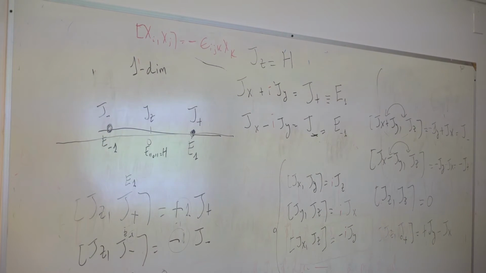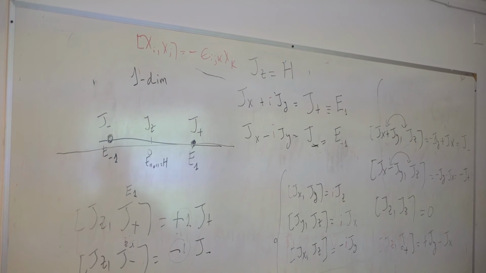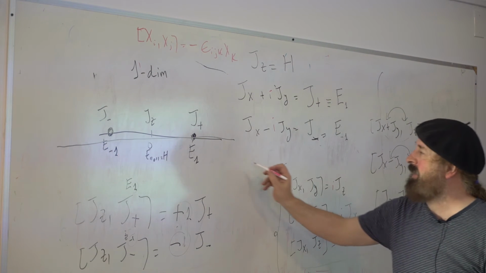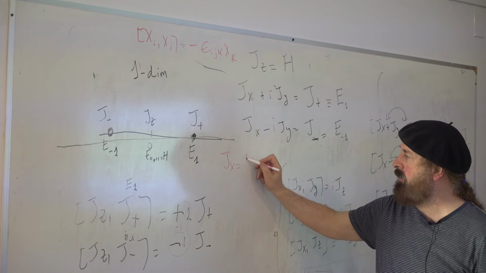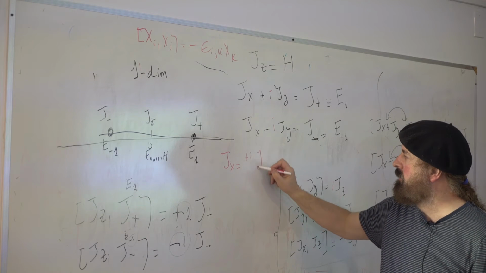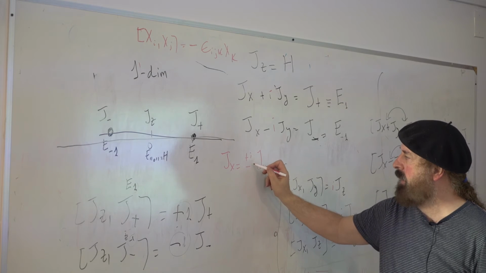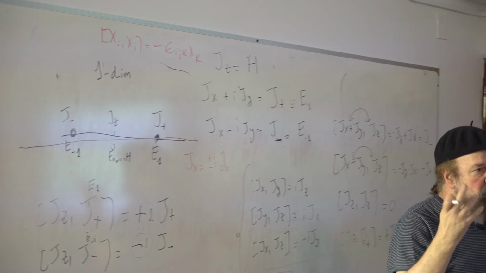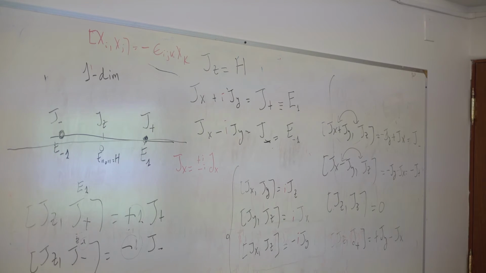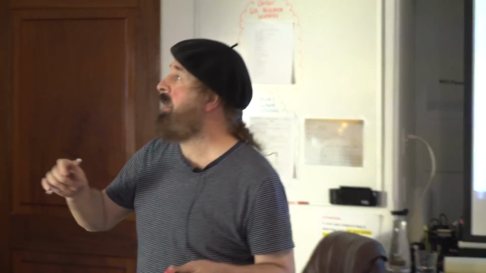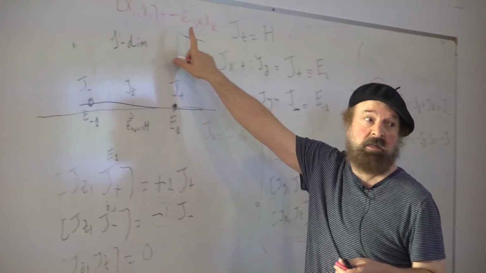It had to do with how you define your generators. I can define my anti-Hermitian generator as plus i J_x or minus i J_x, so the choice of signs is essential. The sign I chose was with a plus i, so the commutation relations had an extra minus sign.